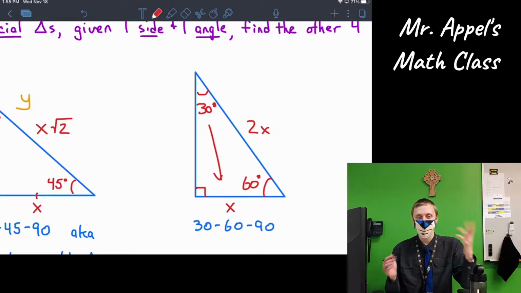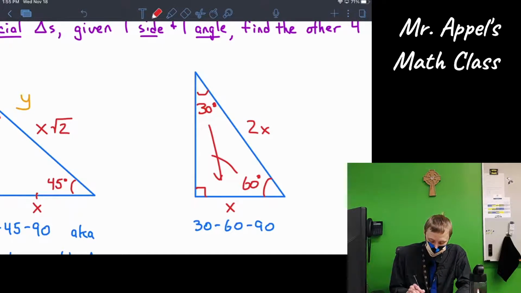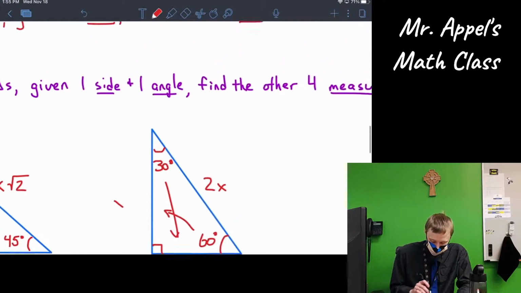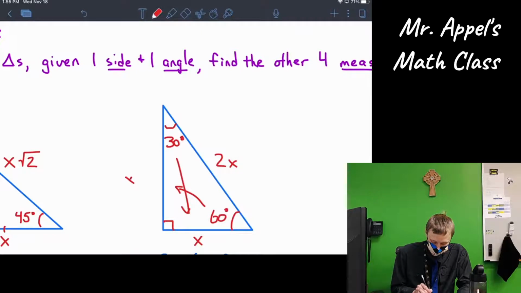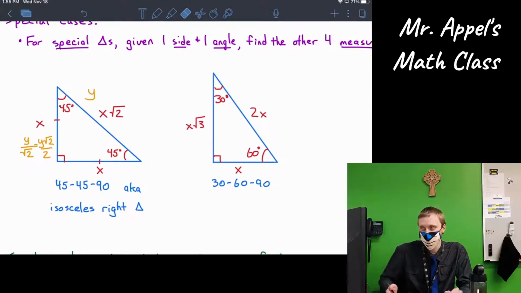So if x was 7, the hypotenuse is 14. Clear. And then across from the 60 degree angle goes something in the middle. x times square root of, well, this has got the 30 in it, so it's the square root of 3. Any questions so far?